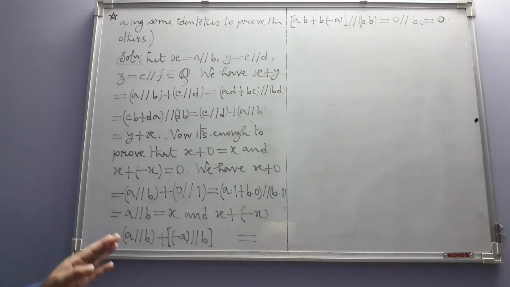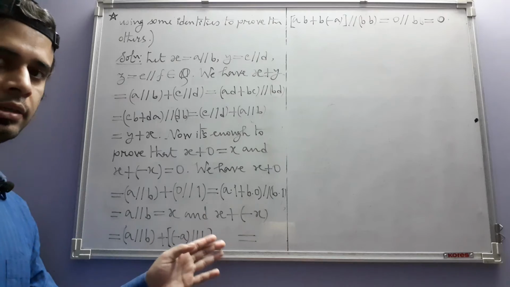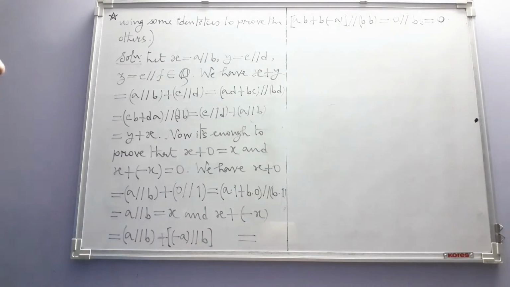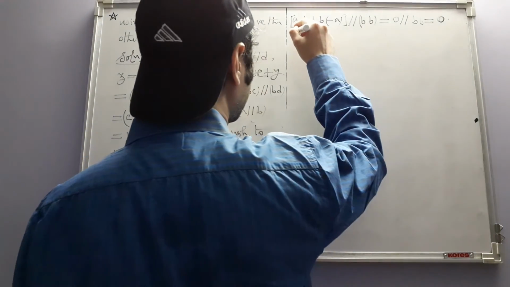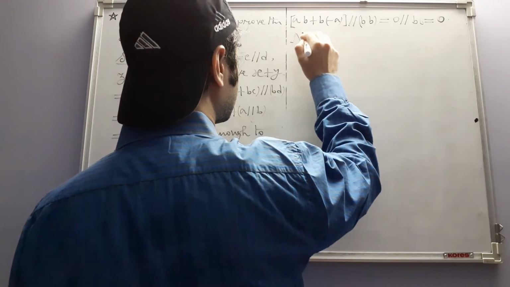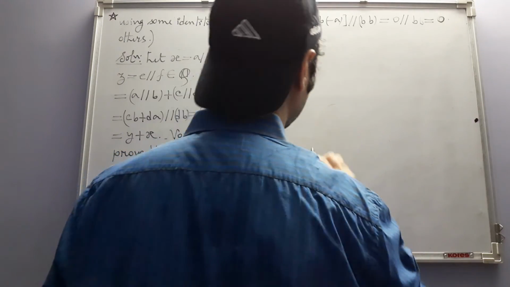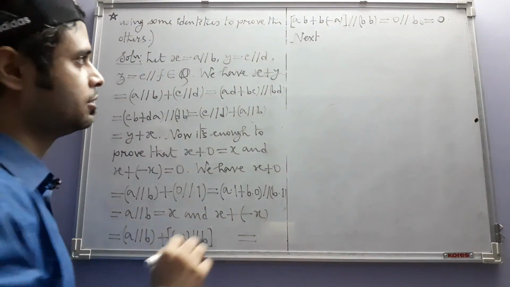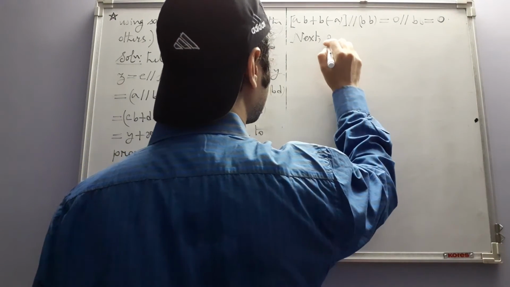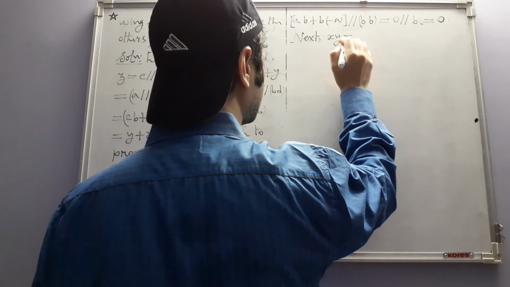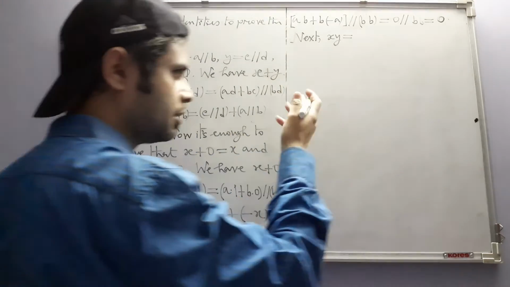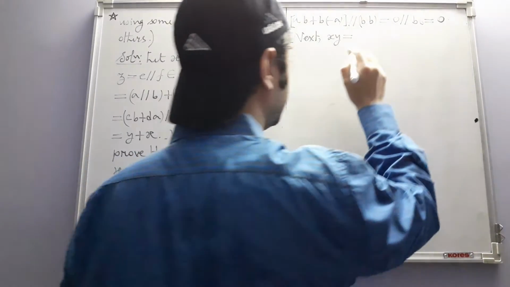Okay, so we are done with showing all the identities involving only addition. Next, we show that multiplication is commutative. Its definition is easier than that of addition.